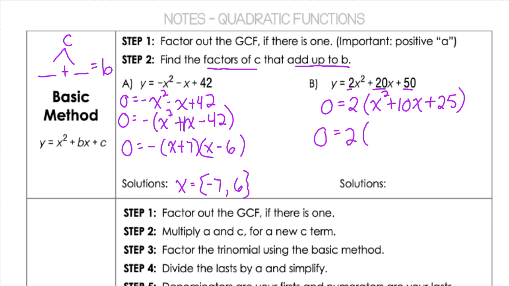So I leave my GCF out in front, and I'm writing my factors out. 25 is 5 times 5, and those add up to 10. So when I take each of those factors and set it equal to 0, x plus 5 is going to give me a solution of negative 5, and they're the same factor, so this one only has one solution.